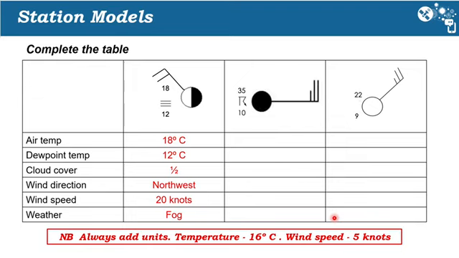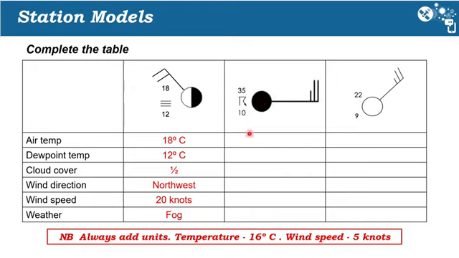Let's do the second one together. So the air temperature, once again, is the top number, so it will be 35 degrees Celsius. The dew point temperature is going to be 10 degrees Celsius. Cloud cover, we can see overcast, 8/8, overcast.